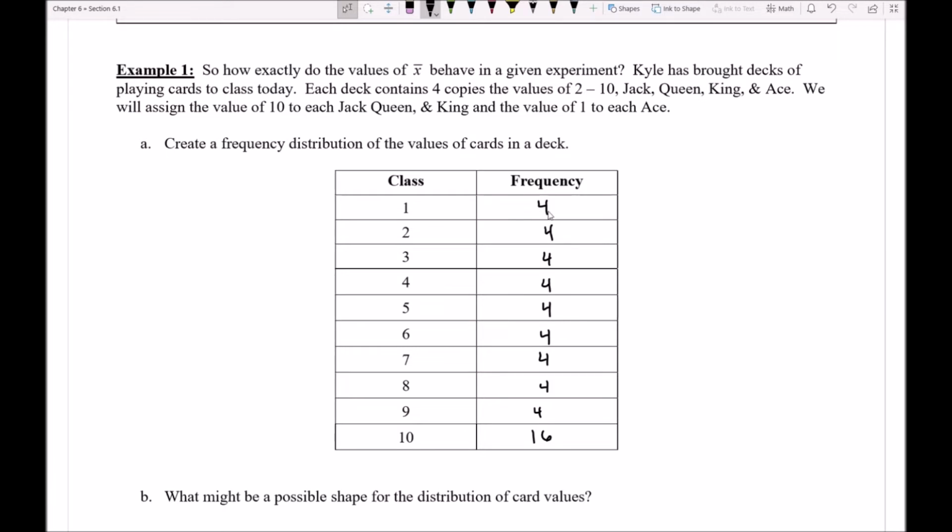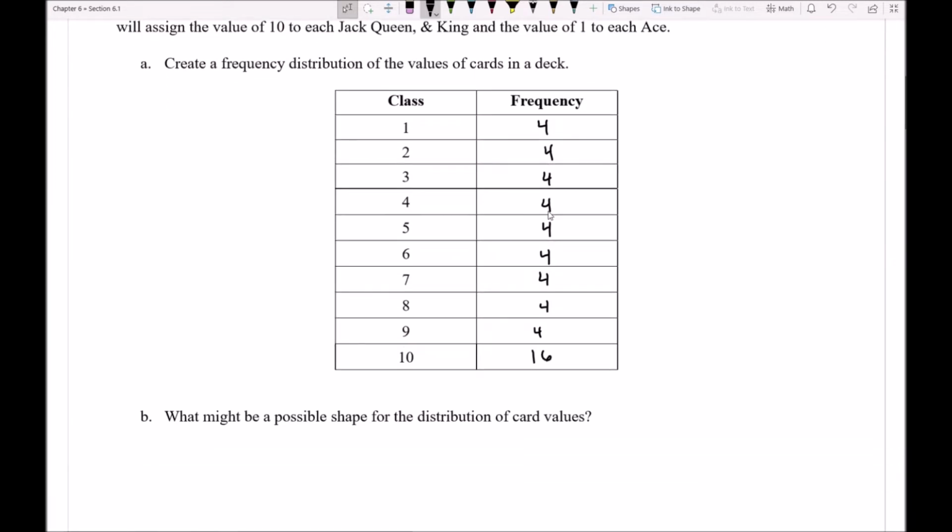So I could start to answer a question like part B. What might be a possible shape for a distribution of these card values? Well, you could try to imagine almost creating a bar graph for these different categories. And what we might see is that pretty much all the bars are going to be at the same height, a height of 4. And it's only this last bar that is something different.